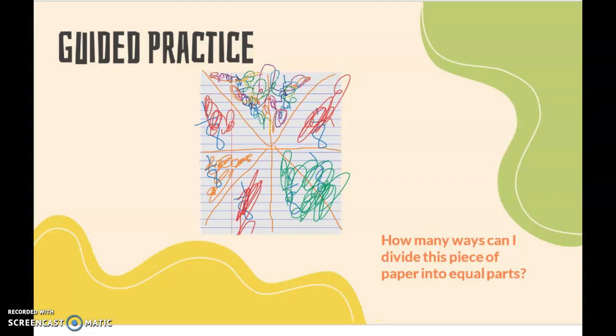But let's pose the question, what fractional part of my paper has red spaces? And so I know that I have one, two, three are red, or the areas are red. I have one, two, three areas that are red.